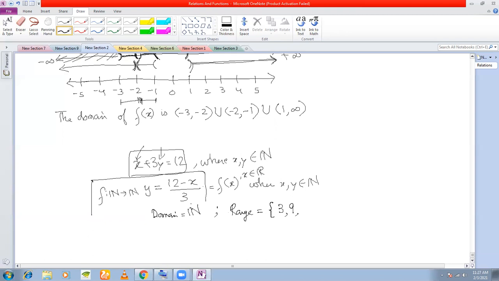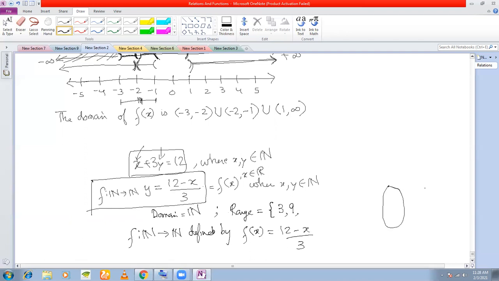If you are defining f: N to N by f(x) is equal to (12 minus x) by 3, right? This is not a function at all, because for every element in the domain set, you're not getting an image in the codomain set.